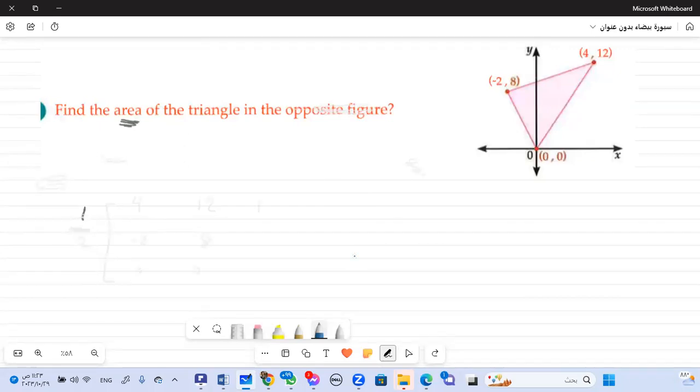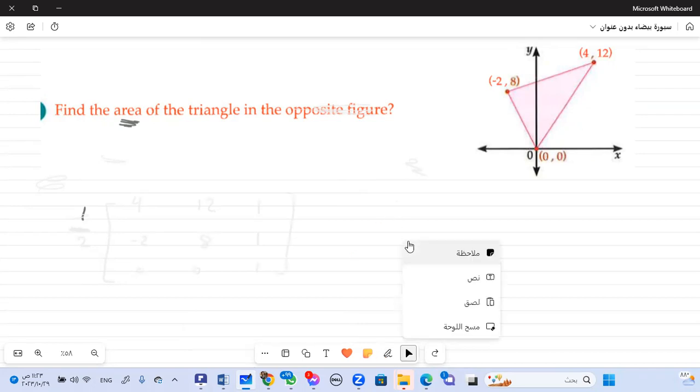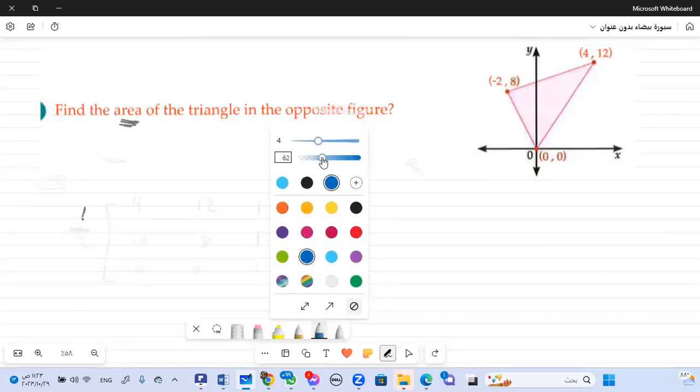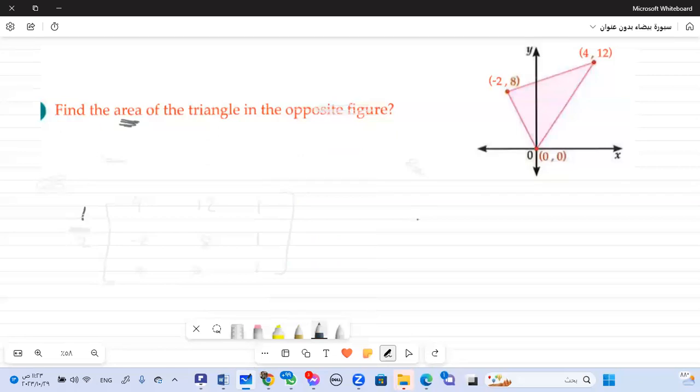We should write a column of 1 1 1. Okay, and after that rewrite again the first and the second column.